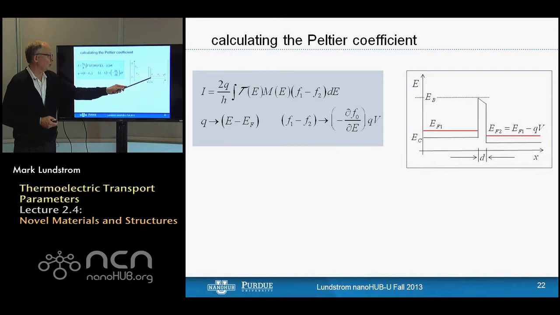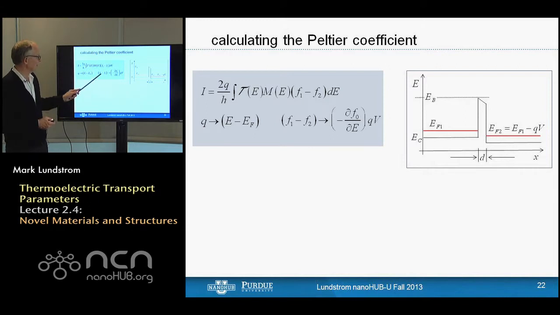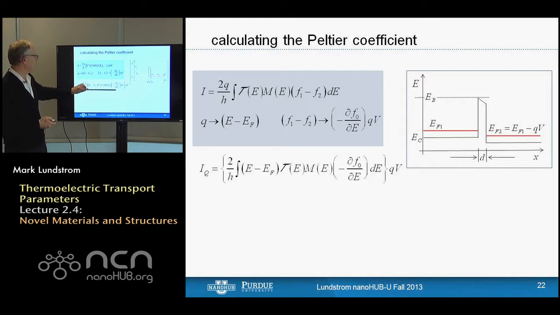We'll assume a small voltage applied across this device, so we'll do the same Taylor series expansion we've done in the past. Then we'll get an expression for the heat flux from this. We'll find that the heat flux pumped is proportional to the small voltage that's applied, and we'll get expressions that look sort of familiar from our thermoelectric expressions.